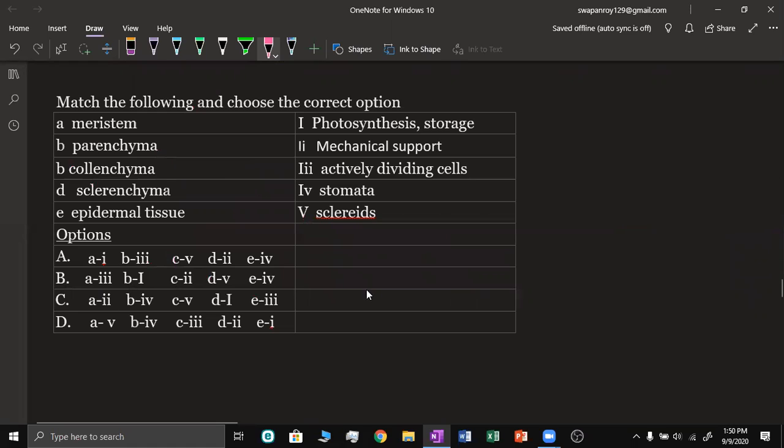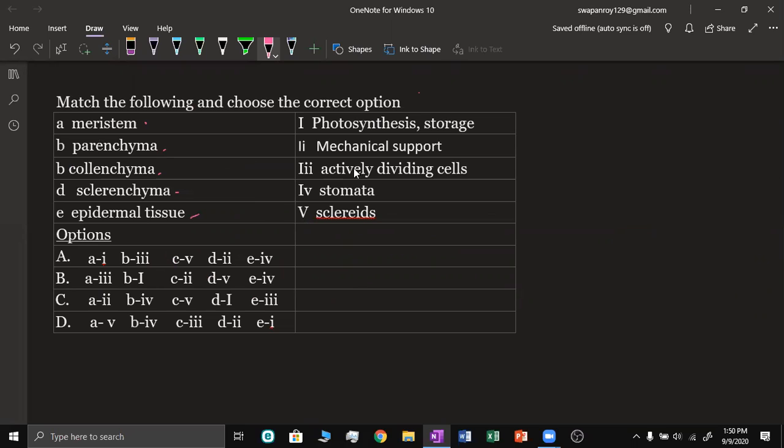Now come to this question. This is one that says match the following and choose the correct option. So here this side is meristem, parenchyma, collenchyma, sclerenchyma, epidermal tissue.